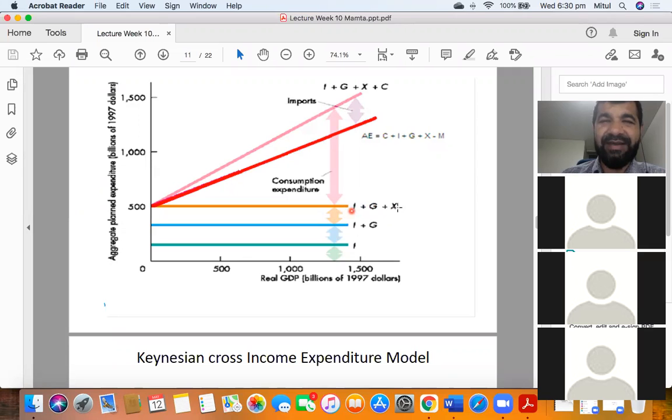The problem comes up when you add up C. C starts from here.